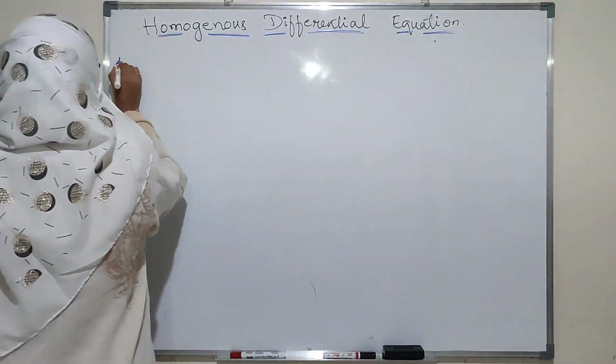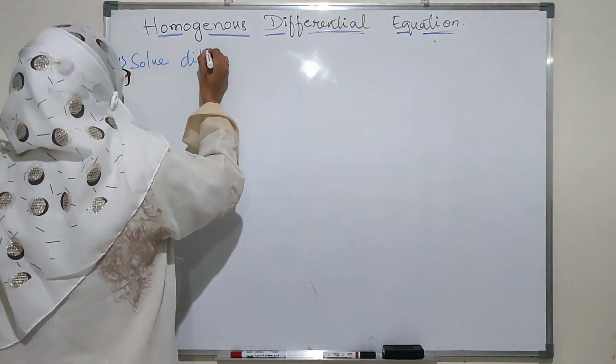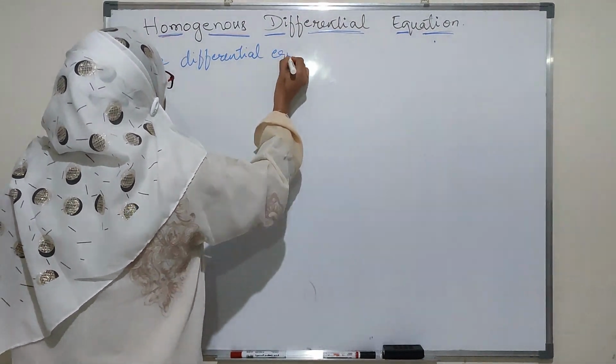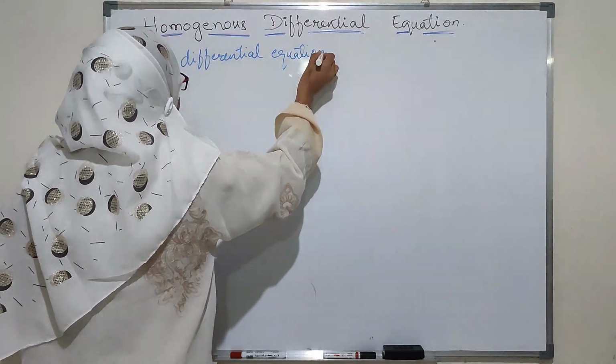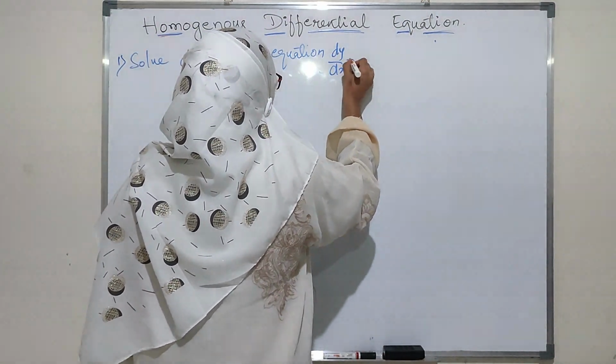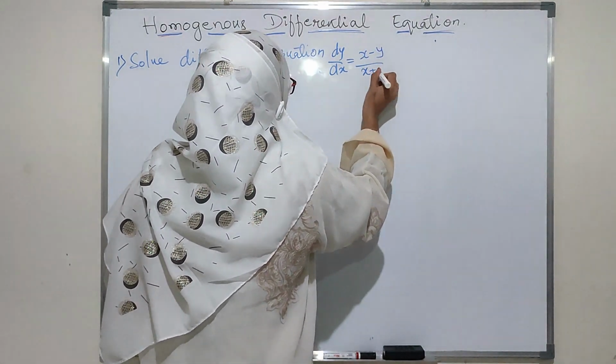Solve the differential equation. An equation is given to you: dy by dx is equal to x minus y divided by x plus y.